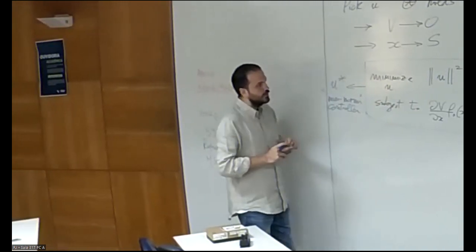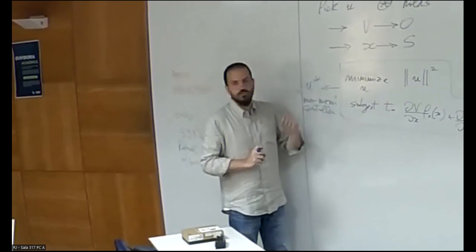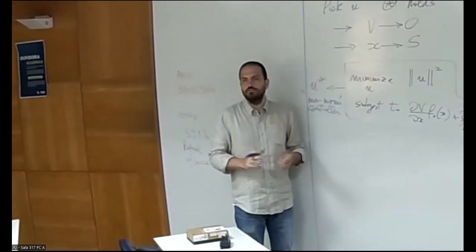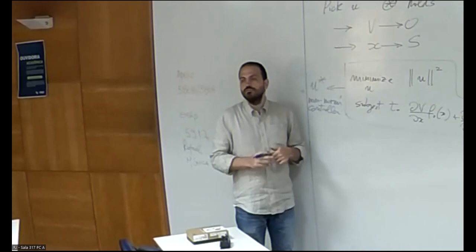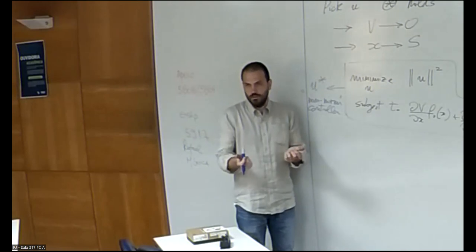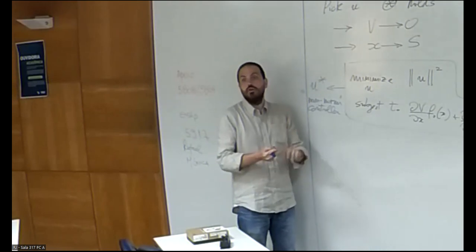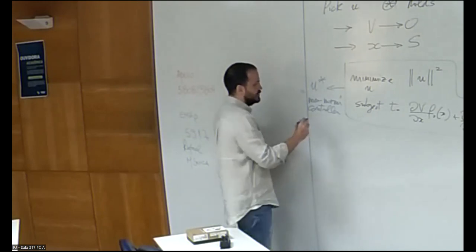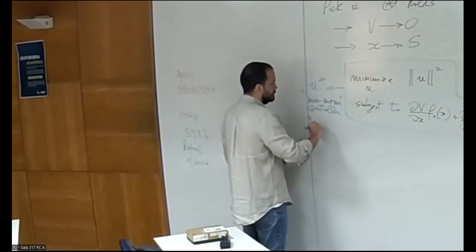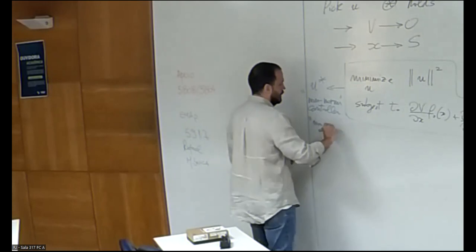And since this norm, so the norm of the control input u is somehow proportional to the energy or the power that we put in the robotic system, this u is a torque or is a velocity, right? This is also known as the minimum energy controller.